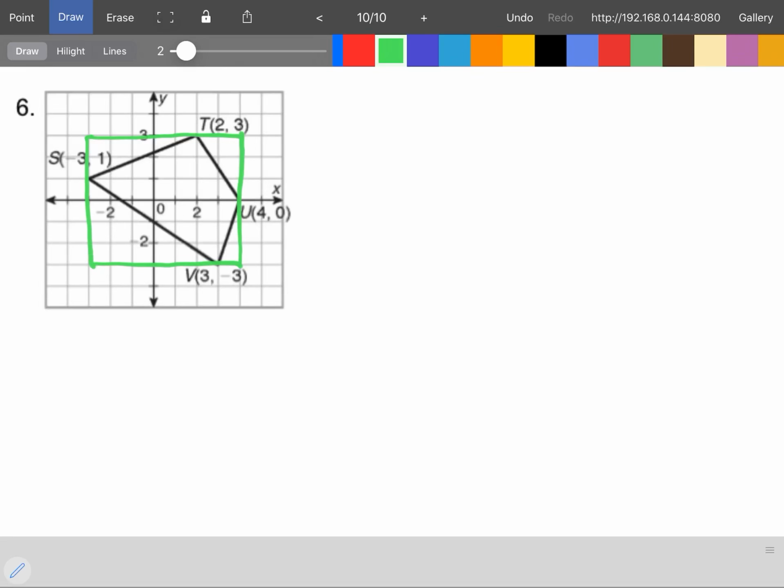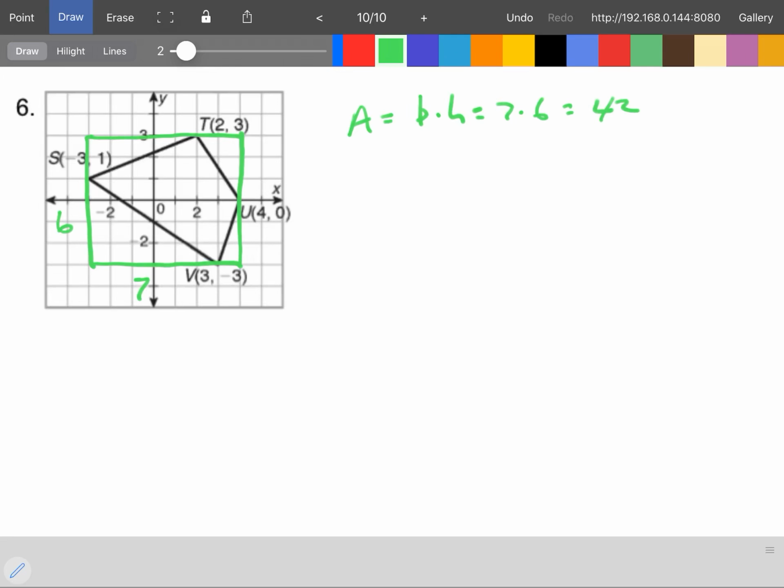All right. So the area of that rectangle again, that's just base times height. It looks like it's got a base of 7 and a height of 6. So we're just going to do 7 times 6, which is 42.